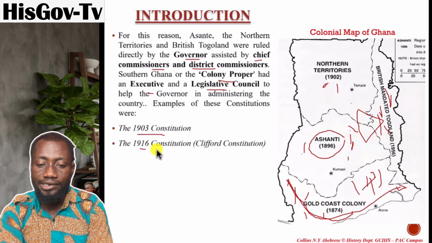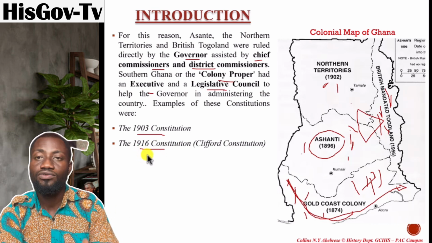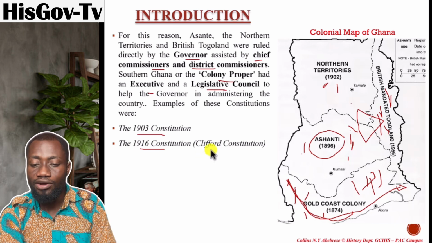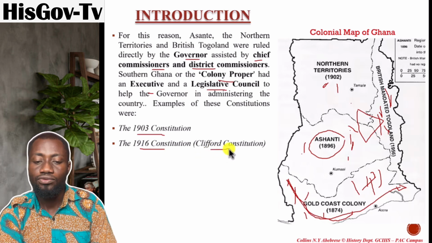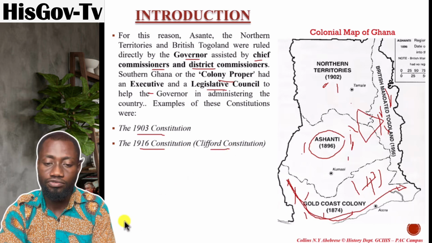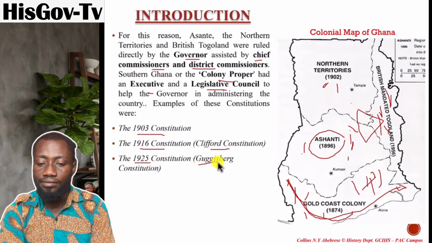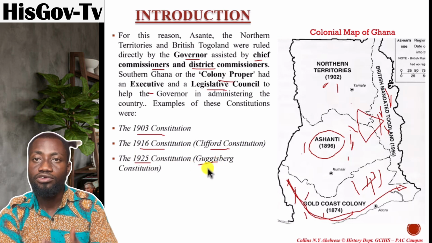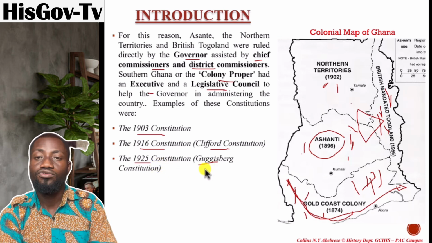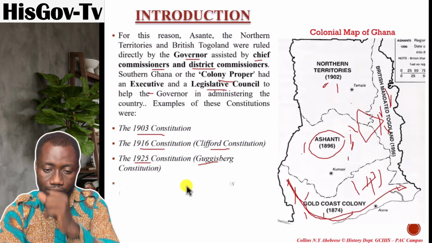Then in 1916, the Constitution was promulgated by a governor called Hugh Clifford, and so it is sometimes referred to as the Clifford Constitution. Then, in 1925, Sir Frederick Gordon Guggisberg also introduced a new constitution, which became the 1925 Constitution, also known as the Guggisberg Constitution.